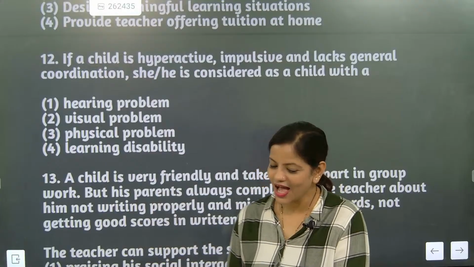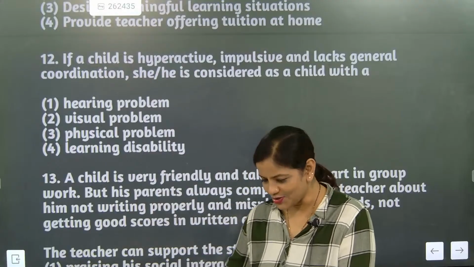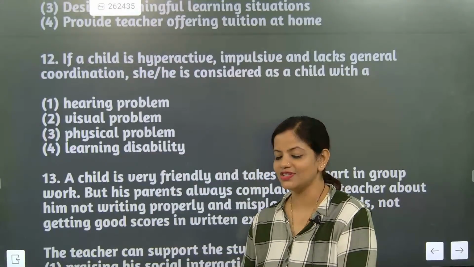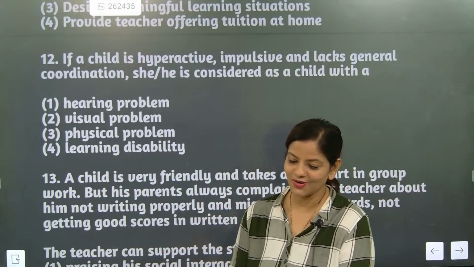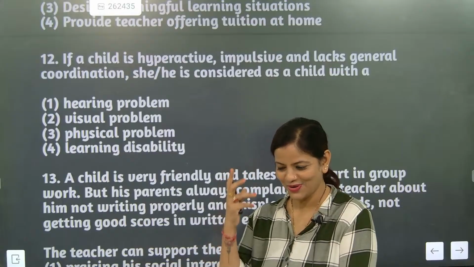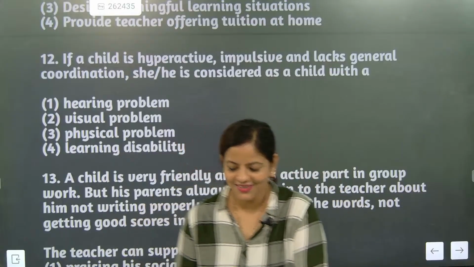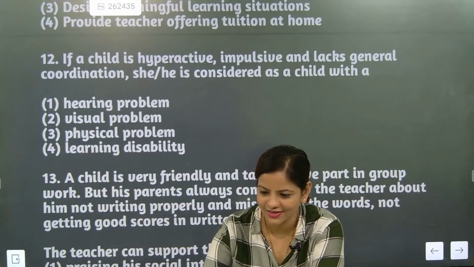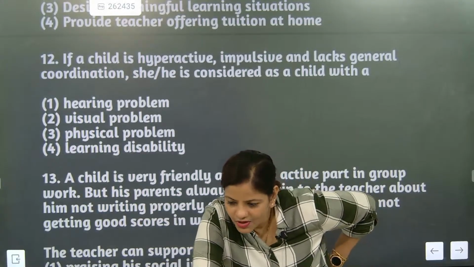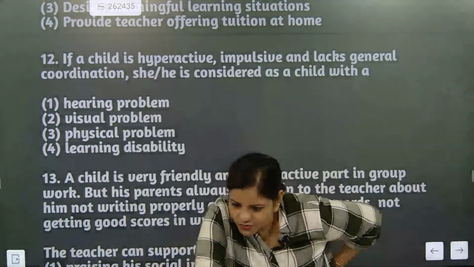Hyperactive means what? People use this word hyperactive. Hyperactive children, impulsive, very good. These two qualities I have, very big qualities. Impulsive, I'm very impulsive. In two minutes I will cry. But what is the answer? The answer is 4.